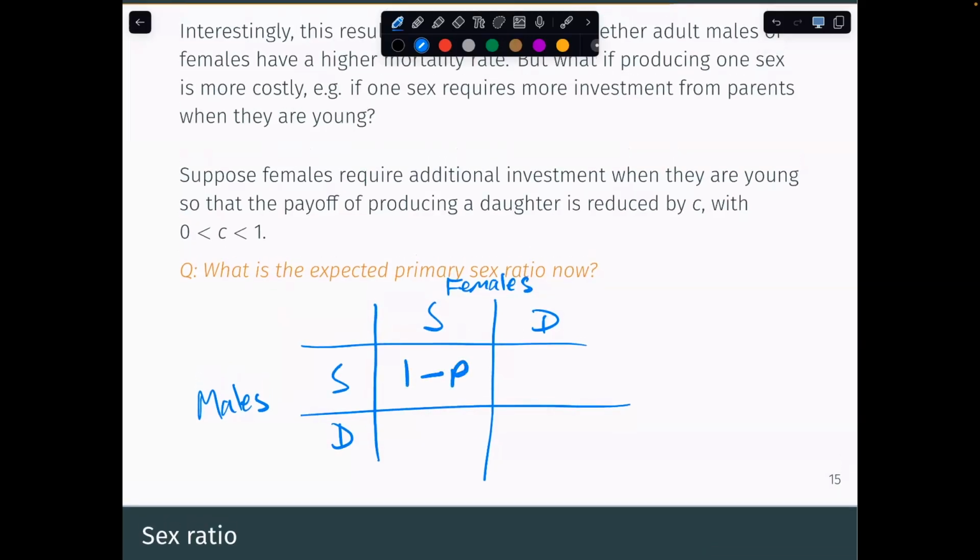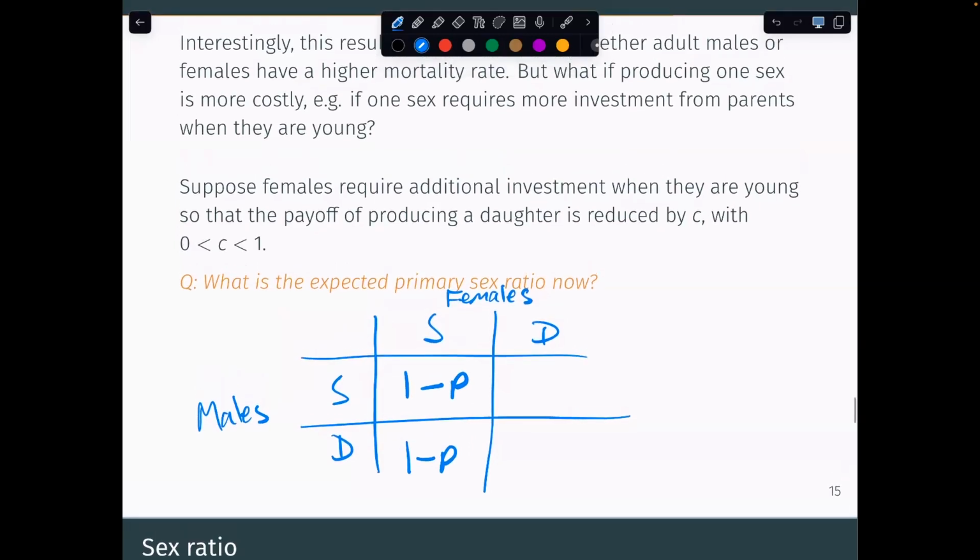In the case where females choose to produce sons, the payoff is 1 minus p. Remember, p is the frequency of males. 1 minus p is the frequency of females. This 1 minus p comes about because we're essentially saying it's more likely that sons can find a mate if there are more females in the population.